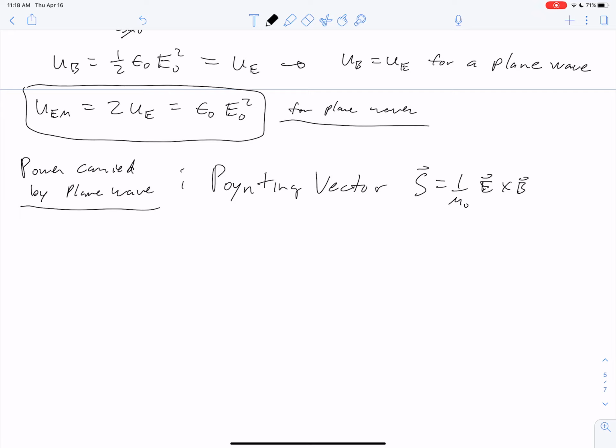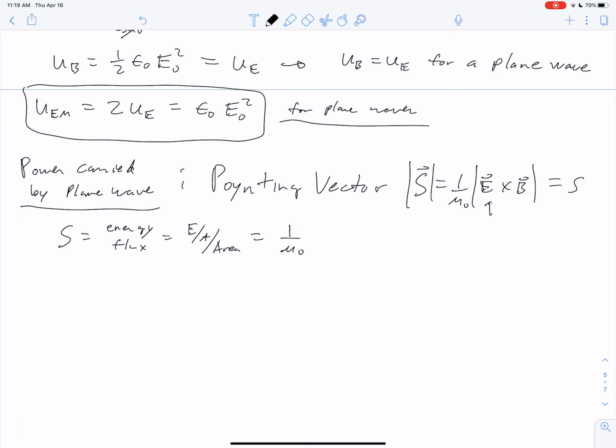And so what we can do is ask ourselves, what's the magnitude of it? Let's take the magnitude of these quantities, and that's S. And so we can see that the magnitude of the Poynting vector, S, which is equal to the energy flux of the plane wave, remember, and that's going to be energy per time per area, is equal to the magnitude here, which is 1 over mu naught.